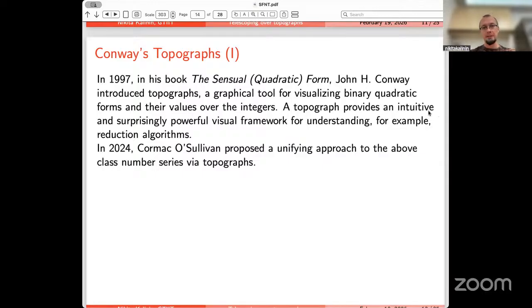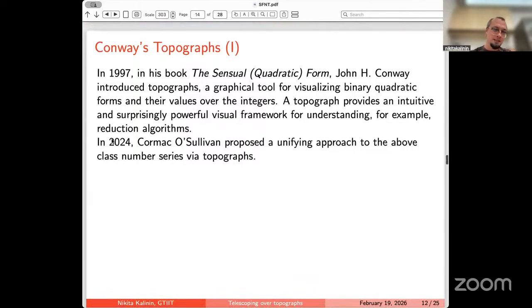A topograph is just a way to represent a form, but somehow it becomes very powerful because it's easy to understand many things, like reduction algorithms for quadratic forms. It's a pleasure to teach quadratic forms if you use topographs. So you draw pictures and then you explain everything on pictures instead of computing formulas for reduction of forms.